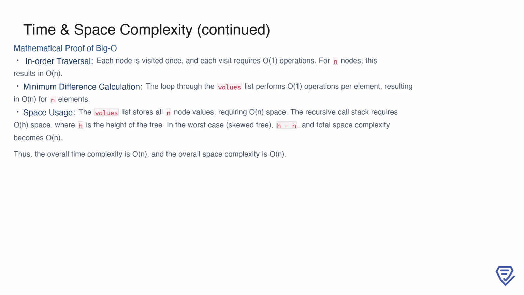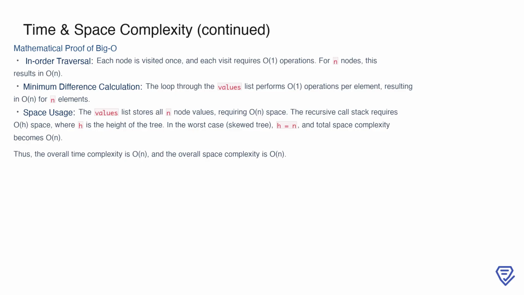Finally, let's solidify our understanding with a mathematical proof of the big O complexities. For the in-order traversal, each node is visited exactly once, and each visit involves constant operations. With n nodes, this results in a time complexity of O(n). For the calculation of the minimum difference, the algorithm loops through the values list, performing constant operations for each of the n elements, resulting in O(n) time complexity for this step.